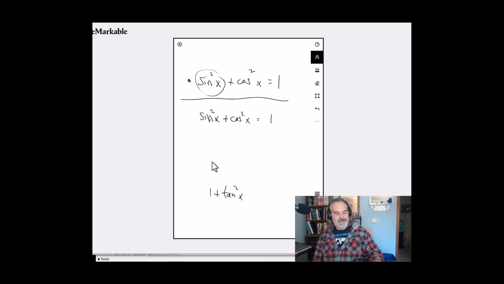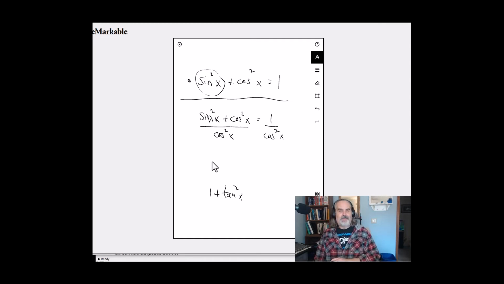So we're going to take this identity and we're going to divide this left-hand side by, well, do it properly. I'm getting too excited here. Divide it by cosine squared. We are allowed to do anything we want to any equation, usually, as long as we do it to both sides. Okay? We're in charge.